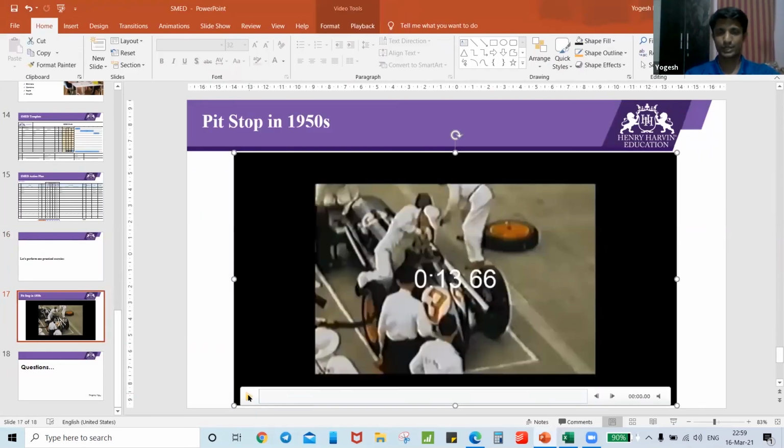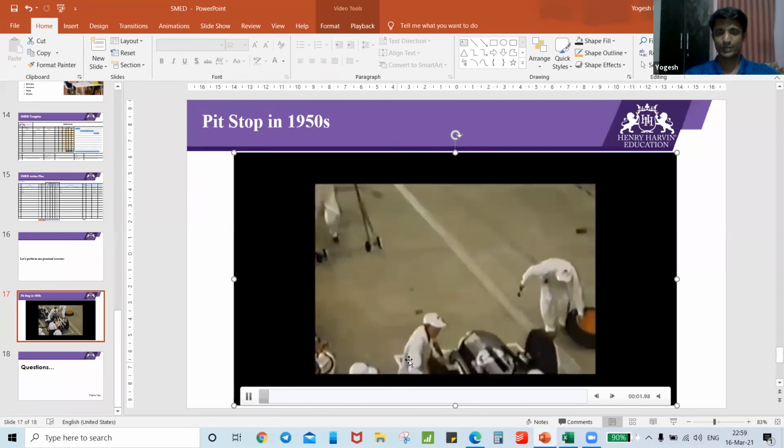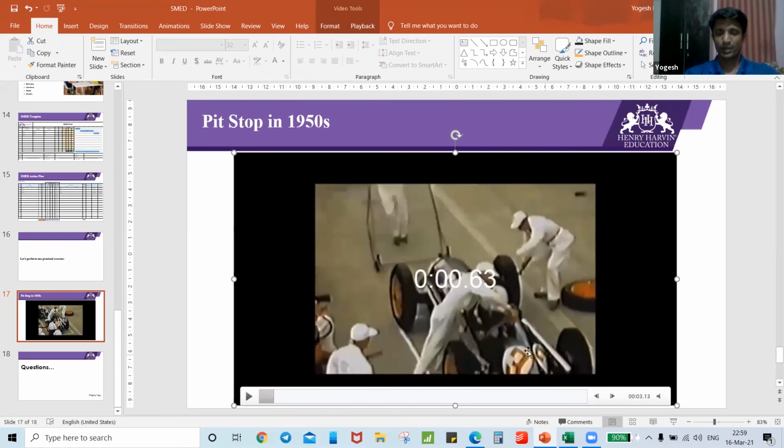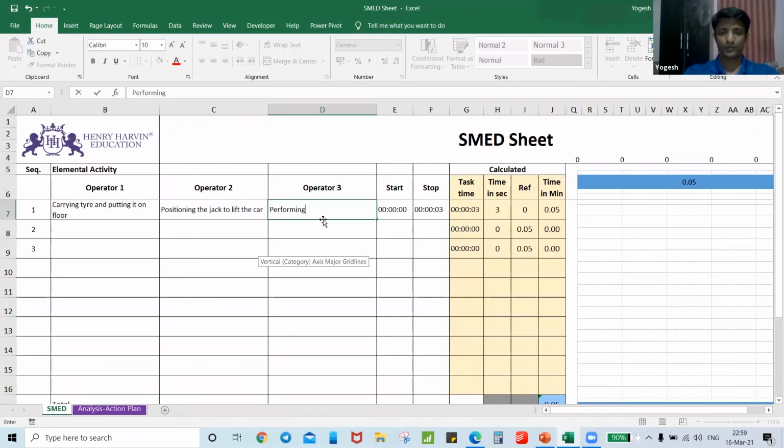So let's see what he's doing. So this we consider as operator 3. He's basically going on the top of the car, and I don't know what he's doing. He's basically performing some maintenance here. Operator 3 performing repair on the top of the car.